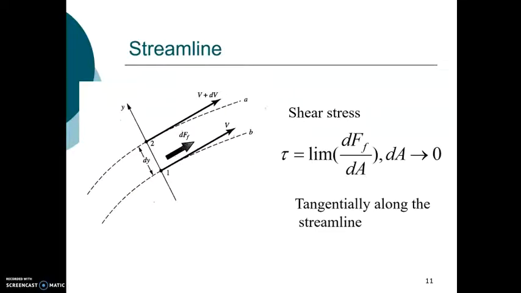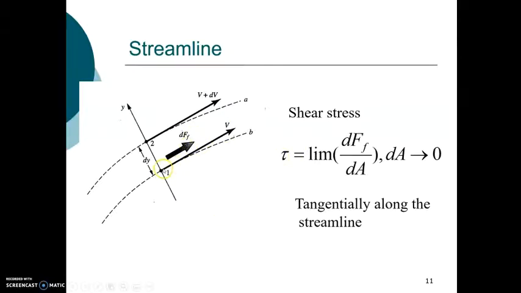And then we also look at what is called the shear stress. So here, looking at this figure, we have two streamlines, and we'll also be defining what streamlines are in some subsequent slides, but for now we just consider two streamlines.